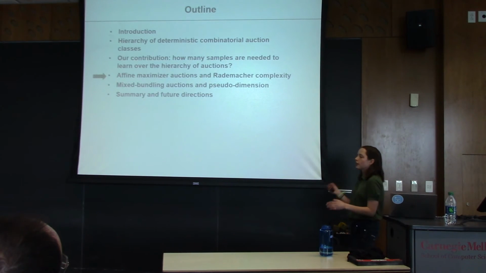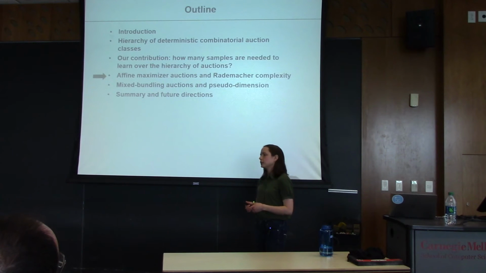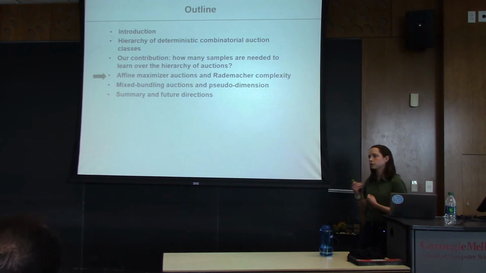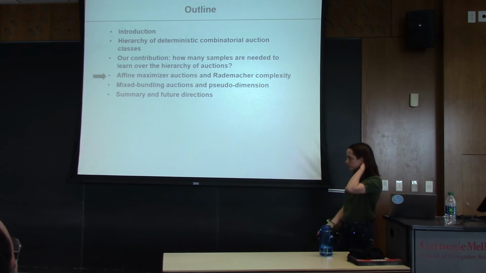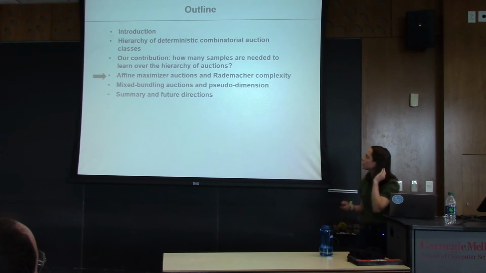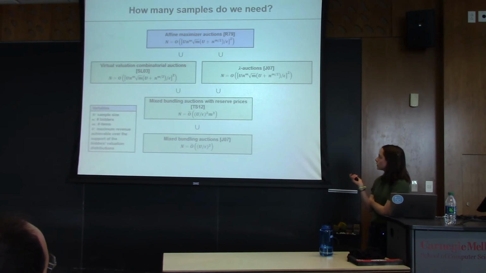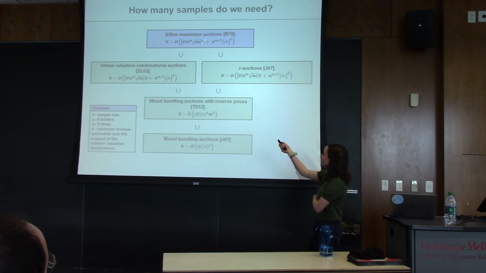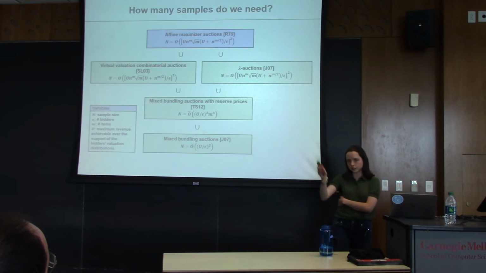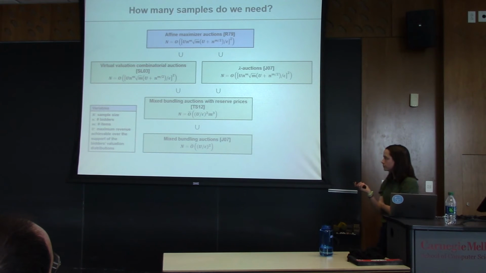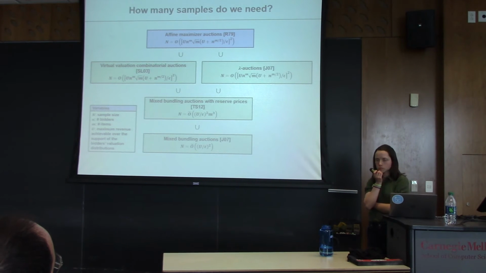Okay, so the first class I'm going to talk about is sample complexity for the class of affine maximizer auctions, for which we use Rademacher complexity. Just to remind you, it's the top class, and you can see our sample complexity result there. What's the difference between those? They all look the same to me.